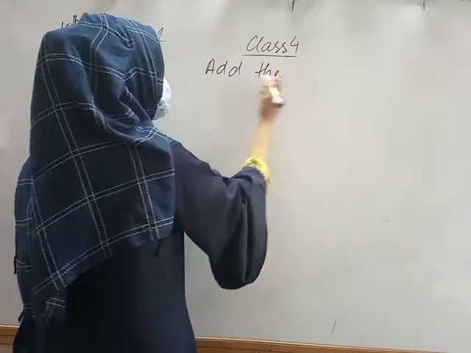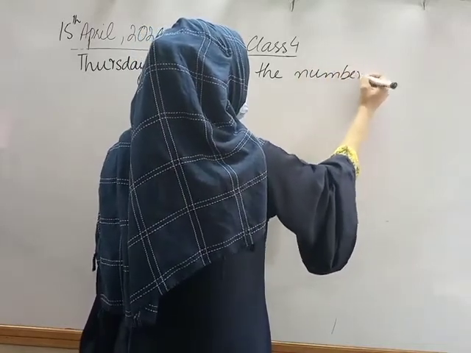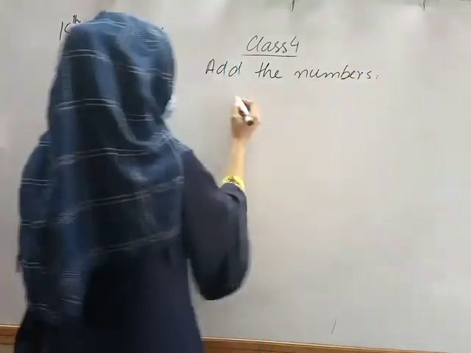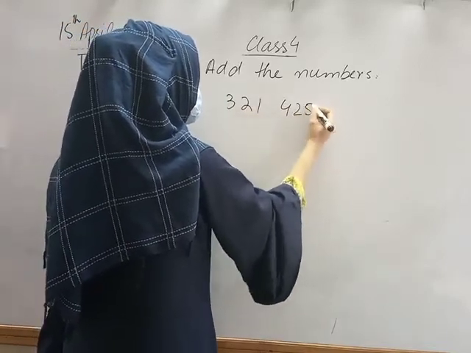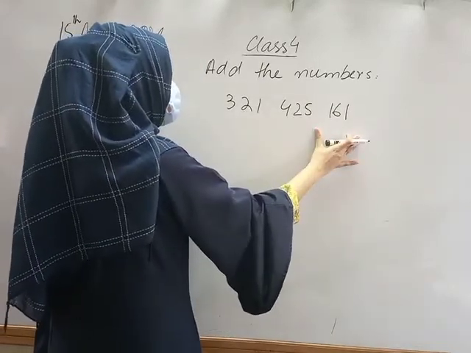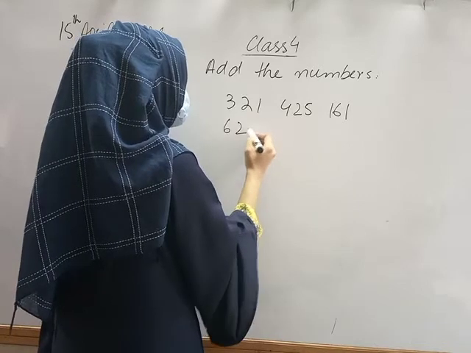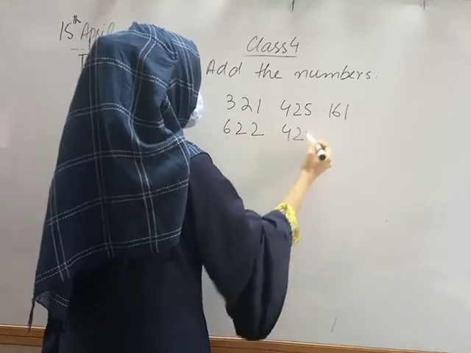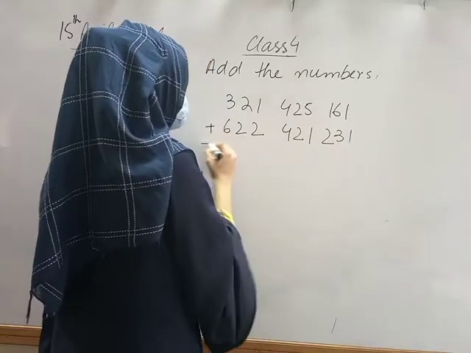Add the numbers 321 425 161. This is the first number, class, and the second is 622 421 231, plus.